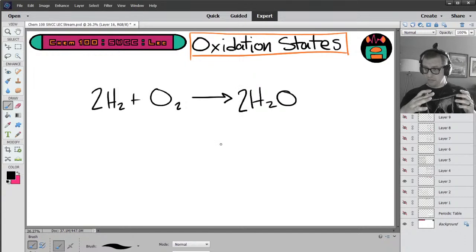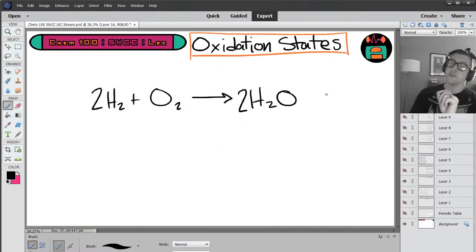Now, I've told you this is a redox reaction, but again, we don't see any electrons changing hands, so how? We can finally answer that question using what we know of oxidation states.